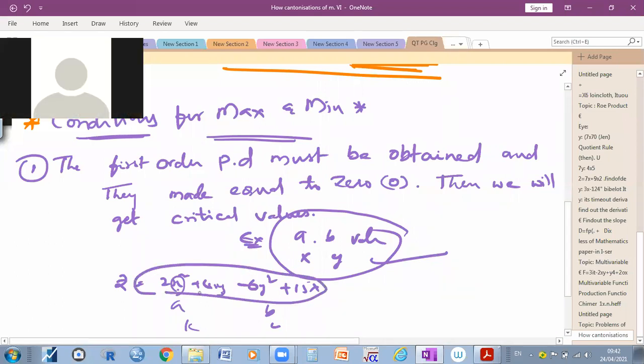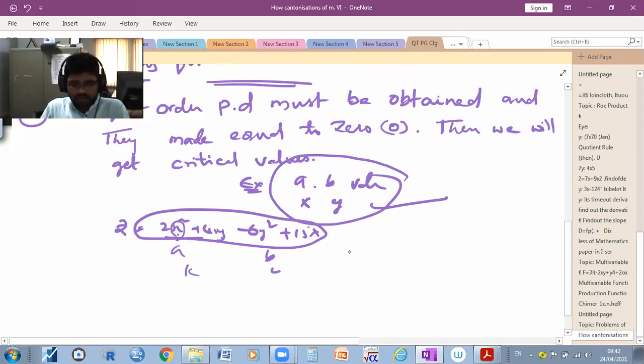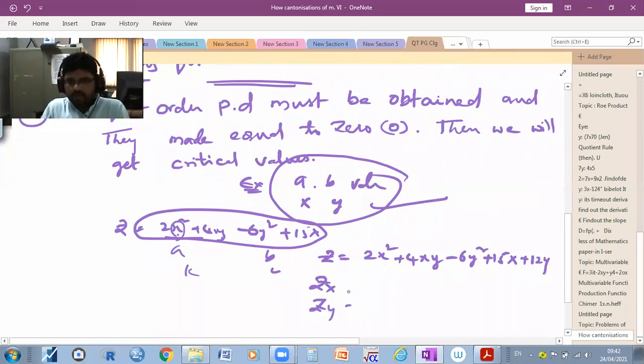For example, take this function: z is equal to 2x square plus 4xy minus 6y square plus 15x plus 12y. When you do the first derivative, what are zx and zy? How do you get zx and zy, Jasmine?